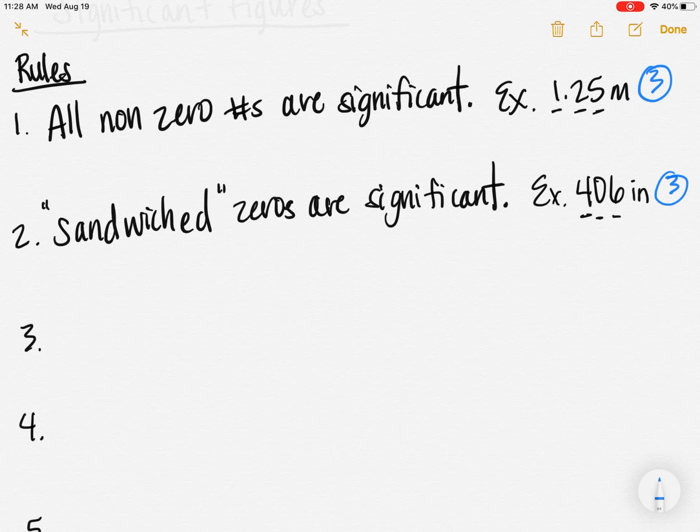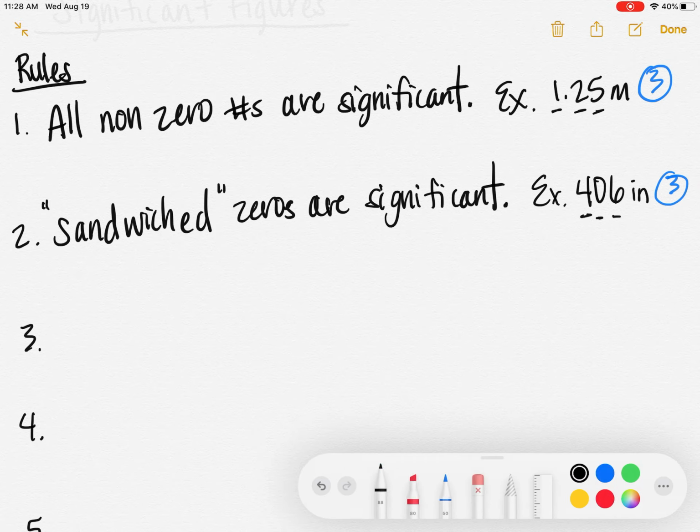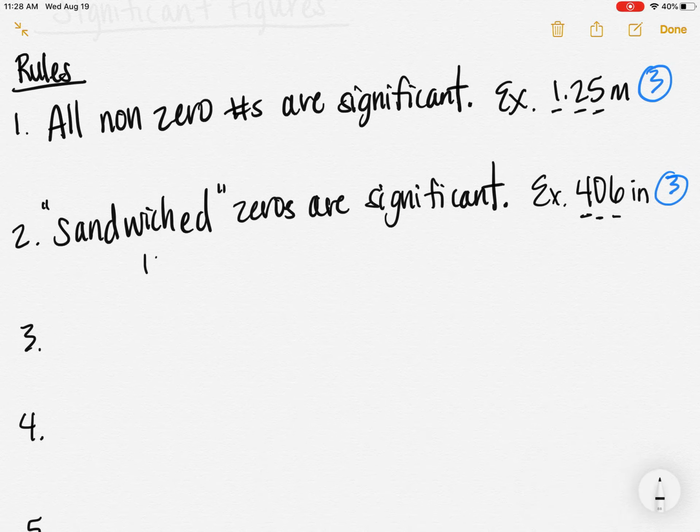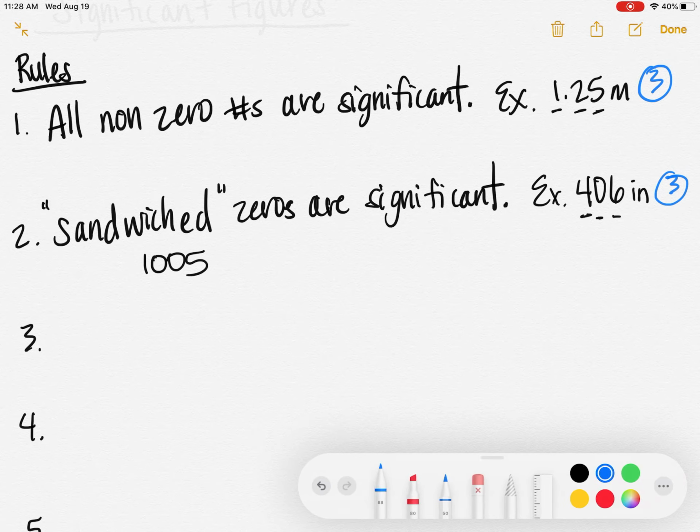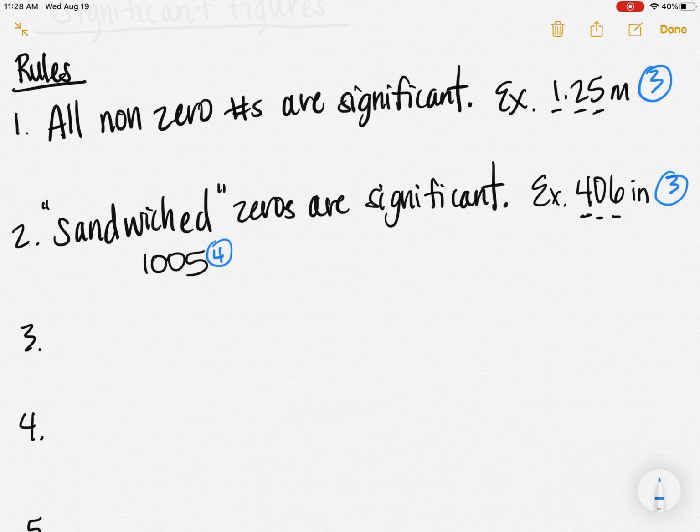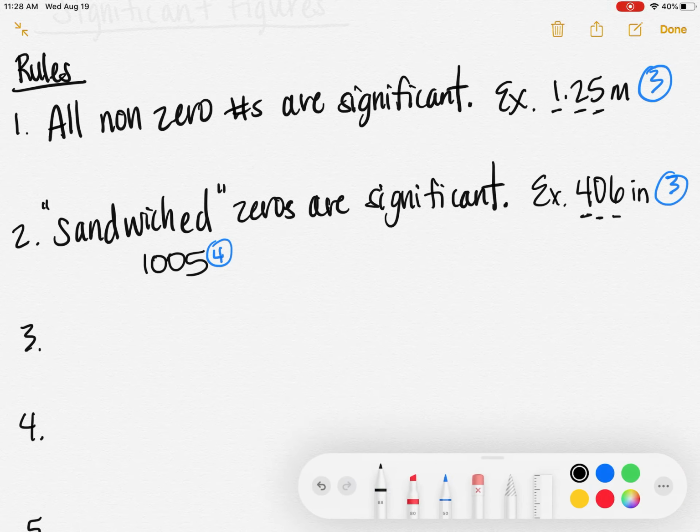Now, you can have multiple sandwiched zeros, which is sometimes confusing for students. You can also have zeros sandwiched over a decimal point. So something like 1005. That has 2 sandwiched zeros, but both of those zeros are significant, making this number have 4 sig figs. And then you can also sandwich over a decimal.